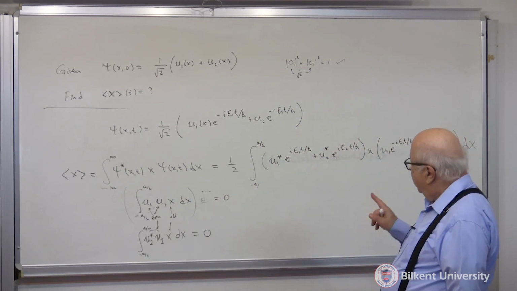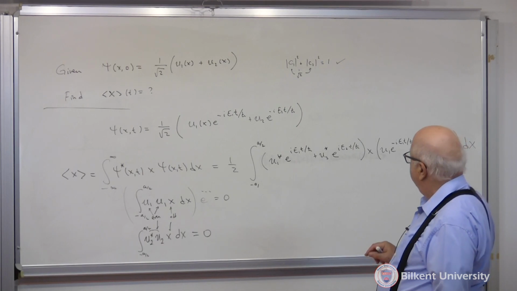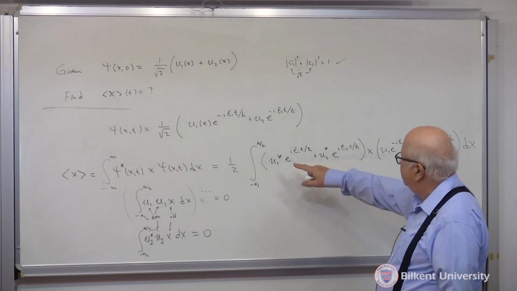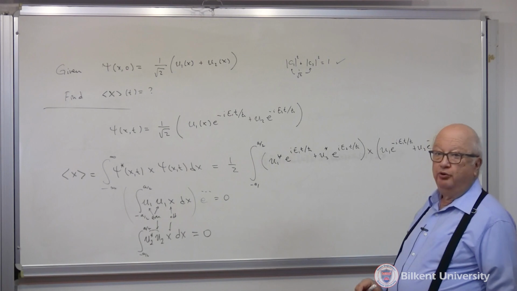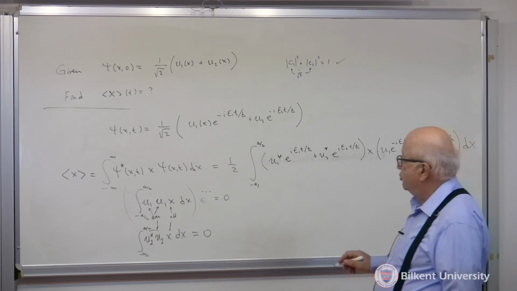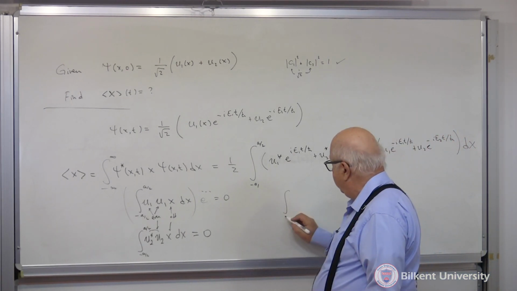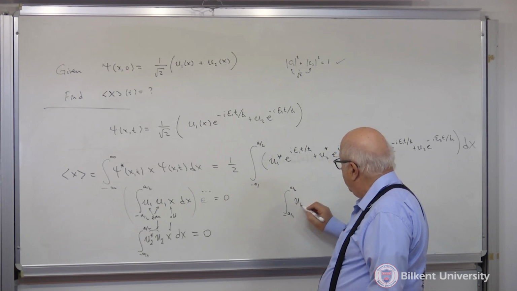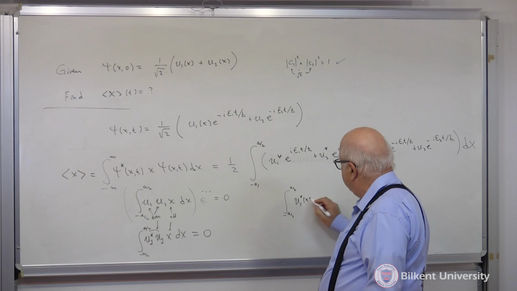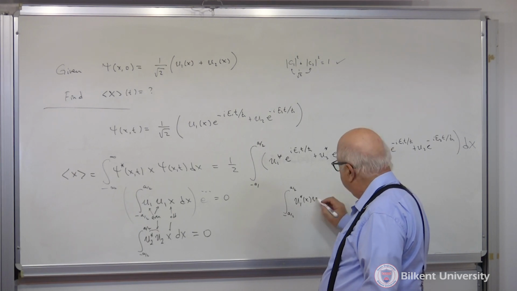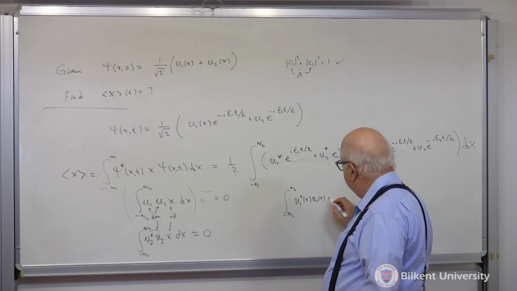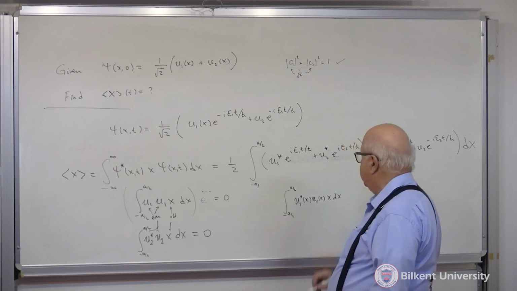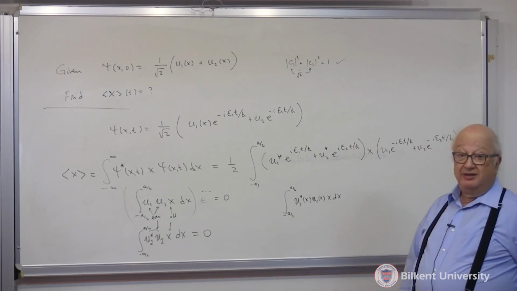The only non-zero term is going to be something which mixes u1 and u2. So if I have now the integral from minus a over 2 to a over 2 of u1 star of x, u2 of x times x dx, what does this look like?